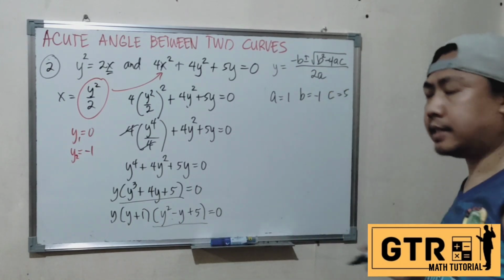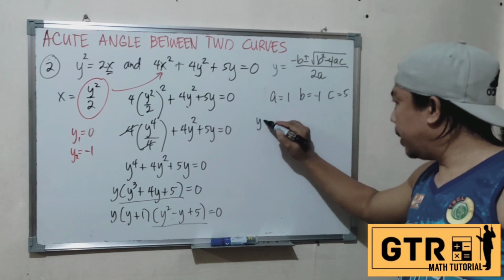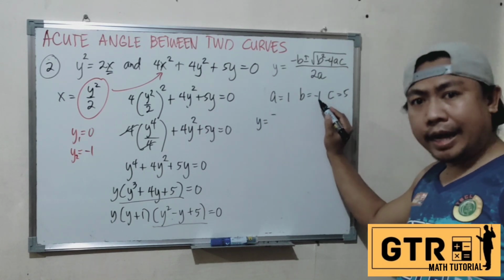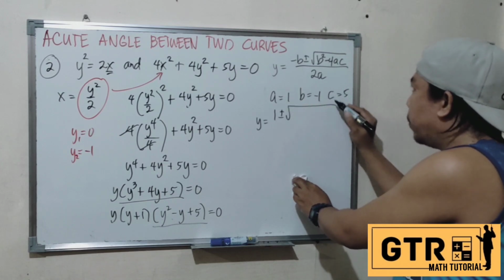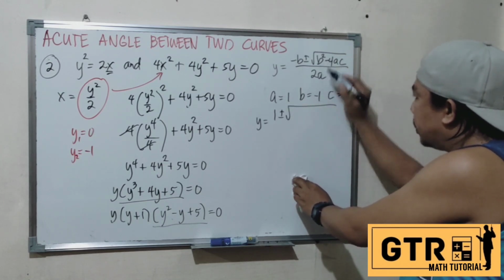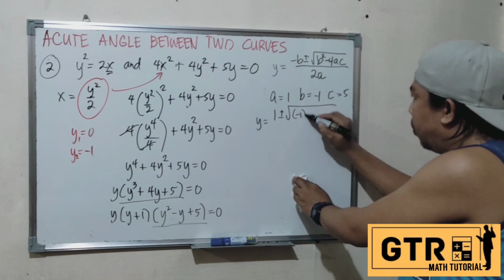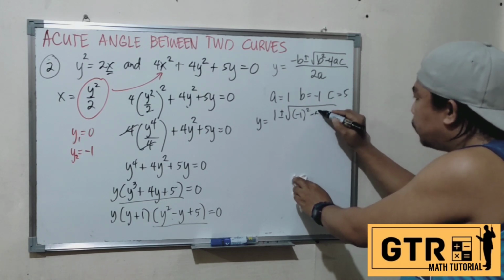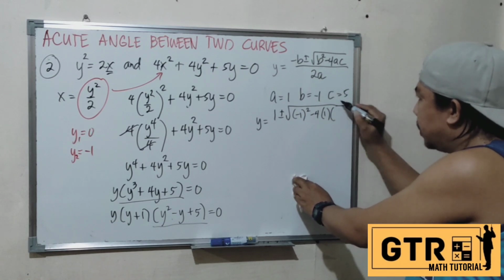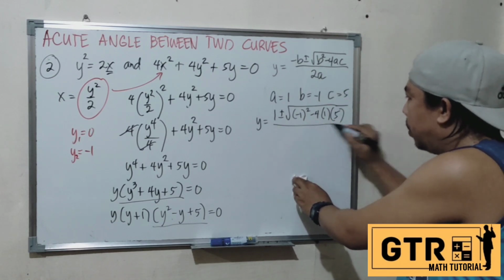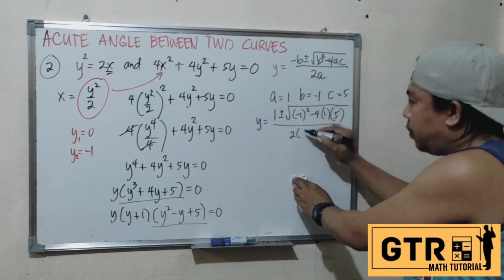So substitute this, so we have y equals negative of negative 1, so that will become positive 1, plus or minus square root of negative 1 squared minus 4 times a, which is 1, times c, which is 5, all divided by 2 times a, which is 1.